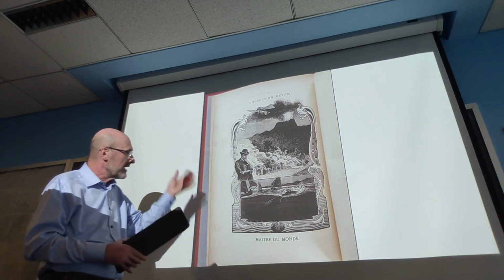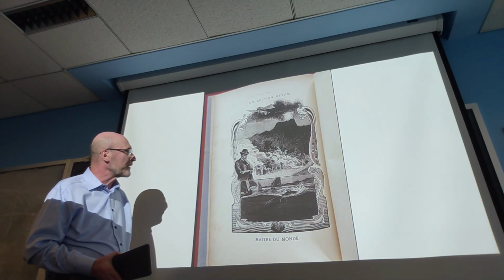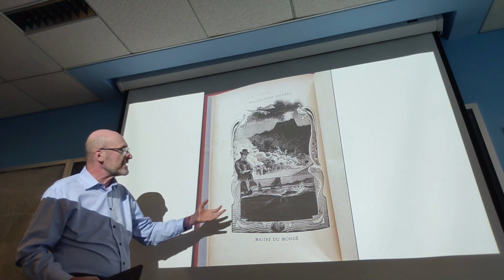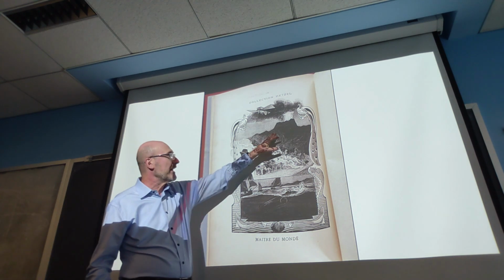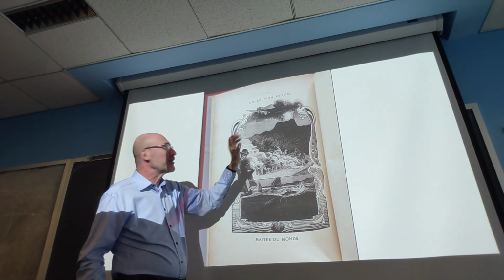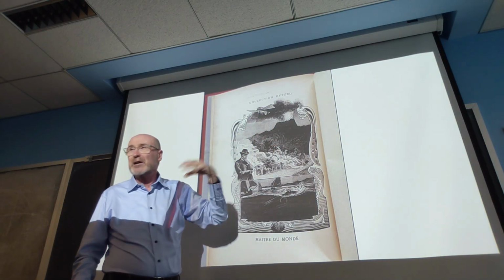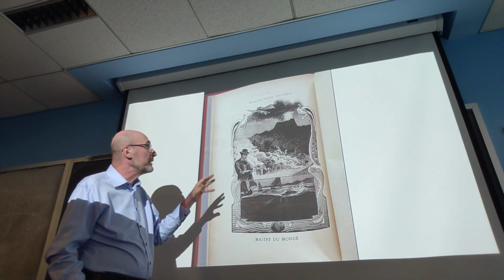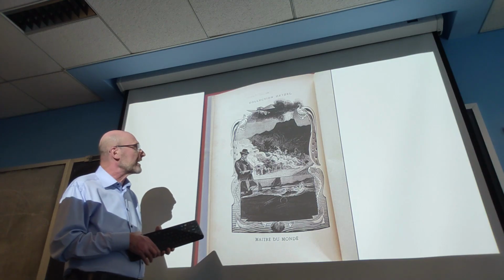Let's look at the next page in the book. After you turn the page from the frontispiece, you find an image that summarizes the main elements in the novel. You find once again the mountain I showed you before, but this time it looks like a veritable eruption, the eruption of a volcano, when in fact it's just the people living around the area who believe there is the threat of a volcanic eruption.